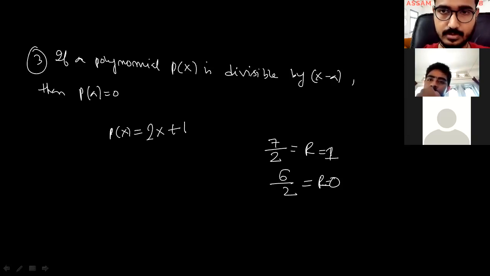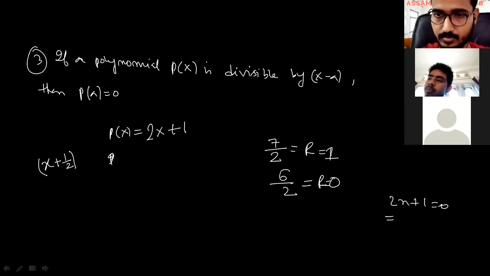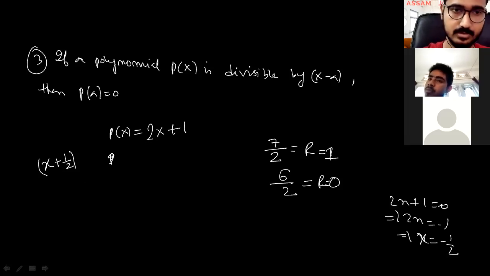So 2x plus 1, suppose it's a linear polynomial. Now suppose it is completely divisible by x plus half. Why? Because when you find the roots of the equation, you have to equate to 0, so x should be minus half, but you have to write down here plus, yes or no?